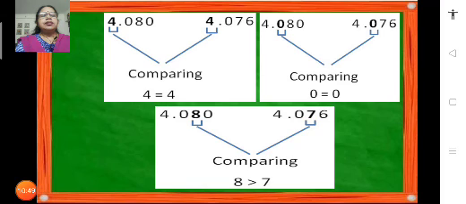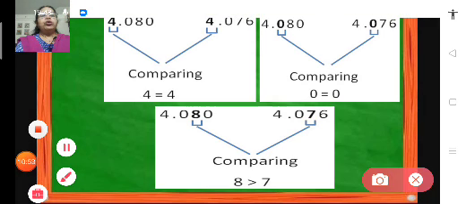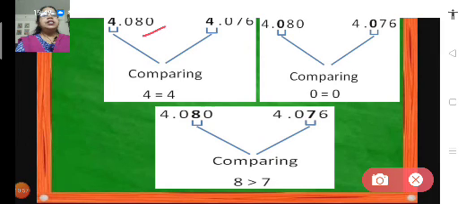We can understand this by taking one more example. We have the numbers 4.080 and 4.076. So first we compare the numbers to the left of the decimal point. They are equal. So we move on to the tenths place. We compare the numbers there.